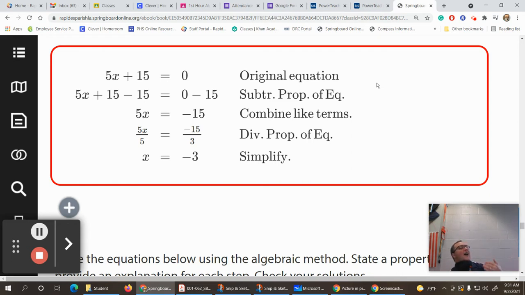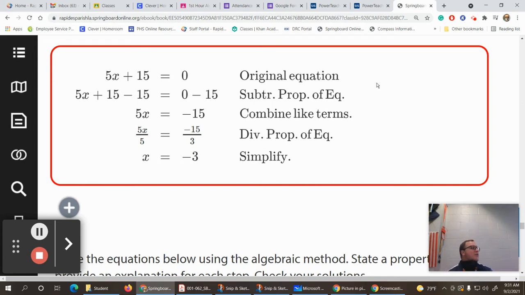Now, after adding or subtracting, the very next step is always combining like terms. If you need to write that down, please do. Write it down next to where you have the properties listed on page 16.